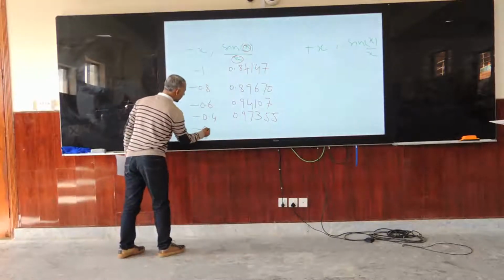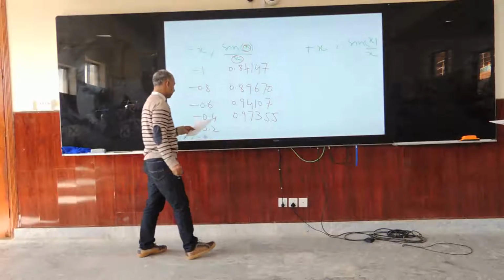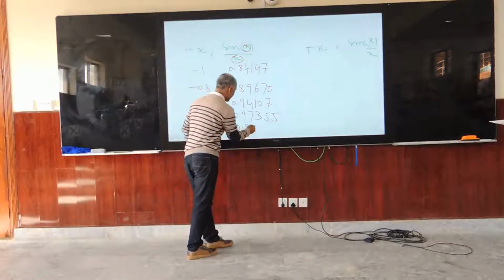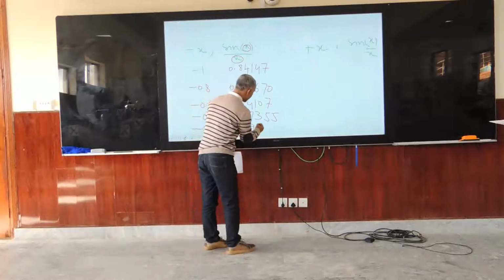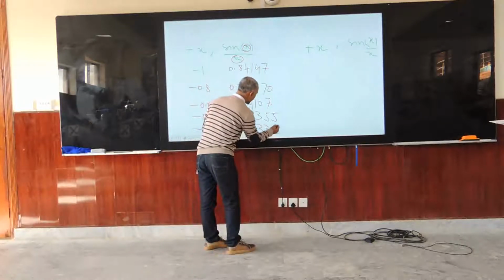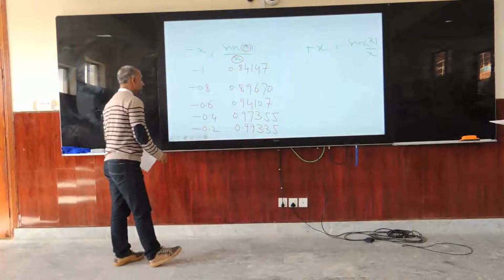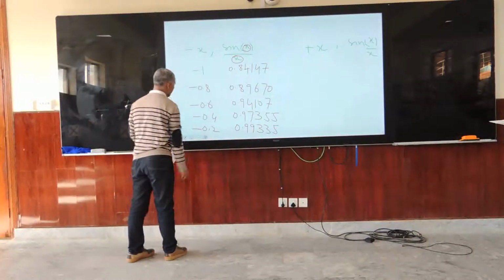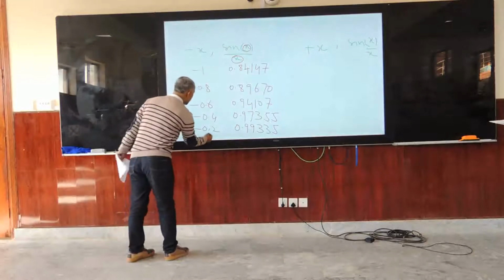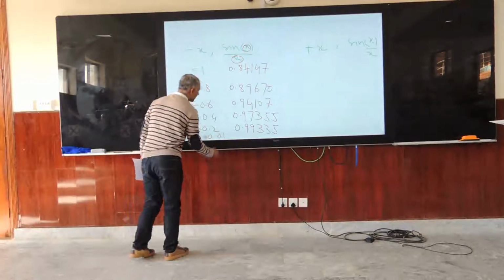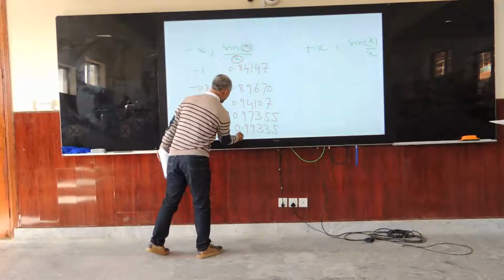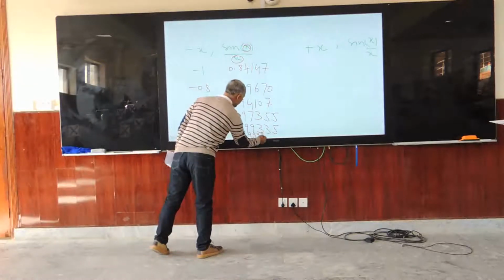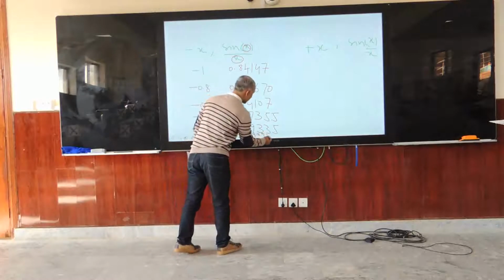For 0.2 we get 0.99335. For 0.01 we get almost 1, 0.9998.